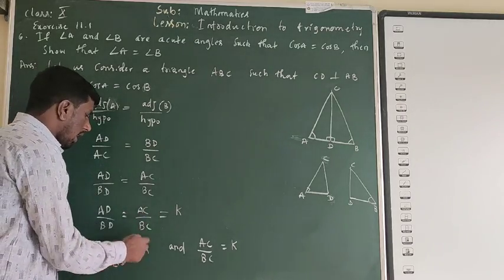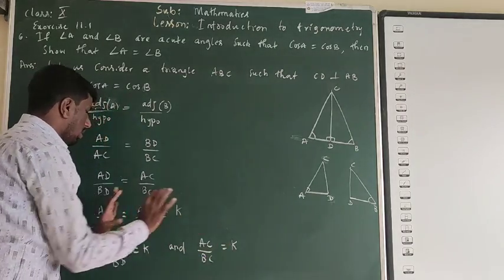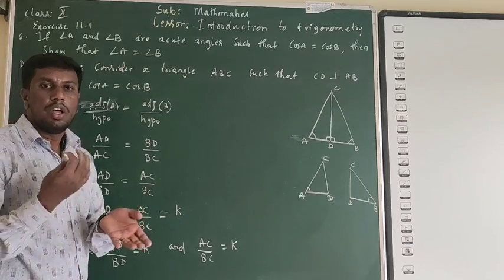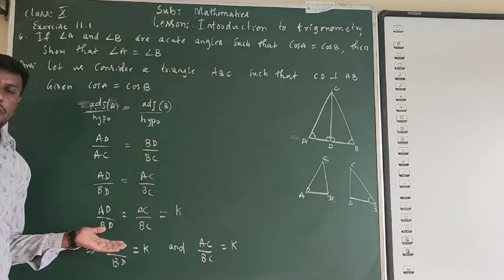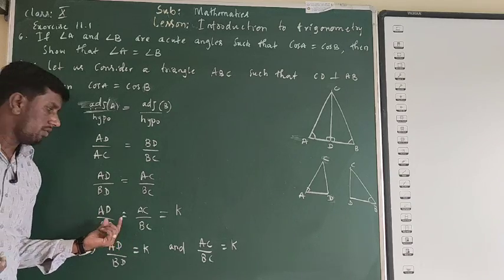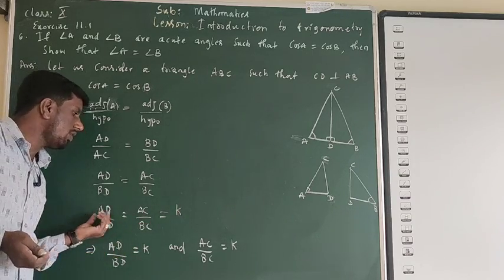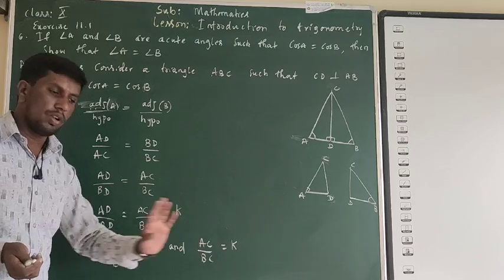This we have studied in the pair of linear equations in two variables, cross multiplication method. When those two are equal to something, we equate individually. The same concept here also.